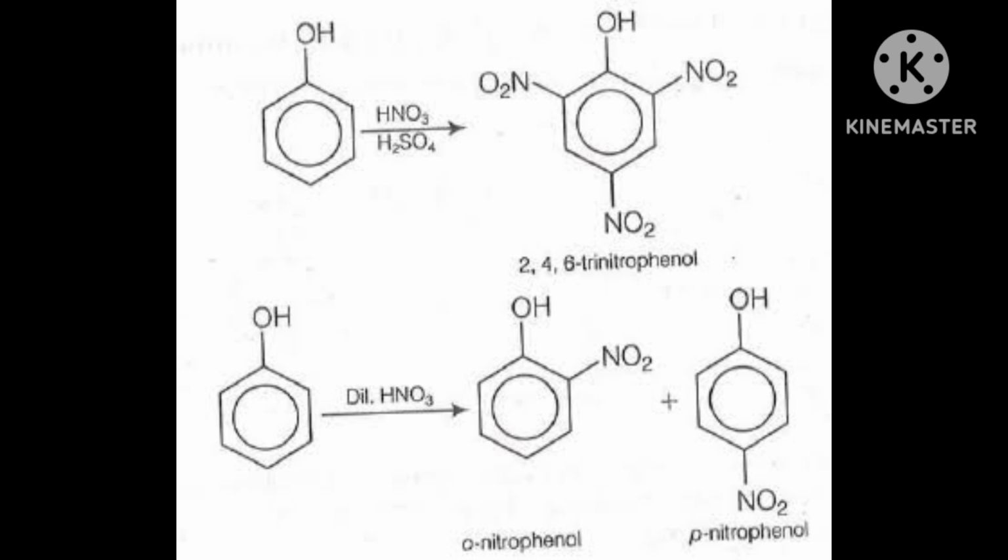People drink the alcohol, you know. When ethanol is mixed with a little quantity of methanol, that alcohol is called denatured alcohol. Okay, you know that methanol is deadly poisonous.